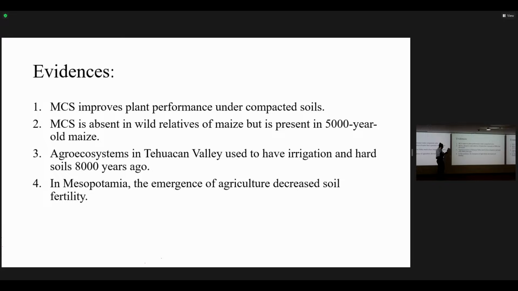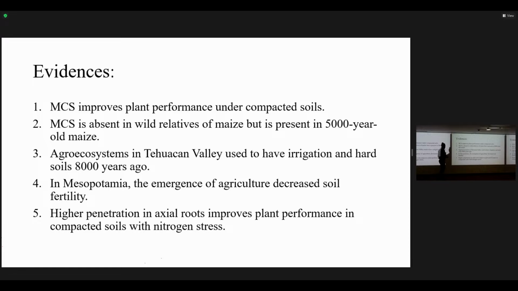And agricultural evidence from Mesopotamia tells us that across time, we have less soil fertility. And root systems that have higher penetration in axial roots improve plant performance in compacted soil conditions.